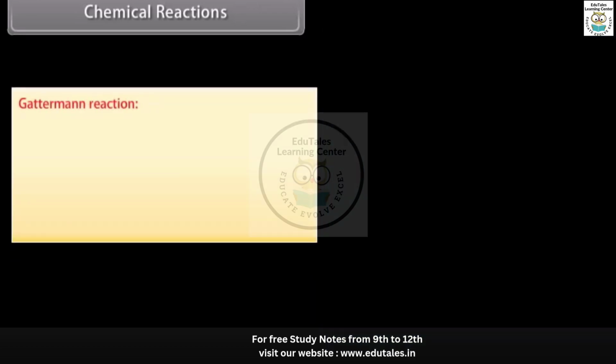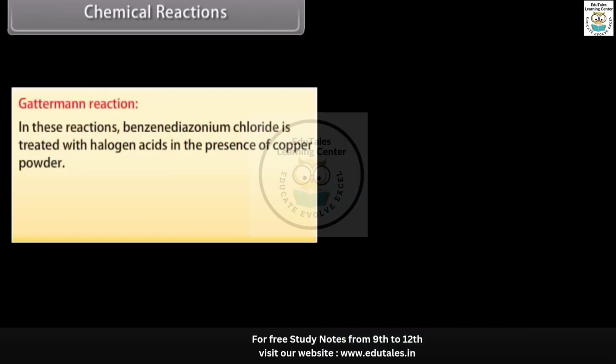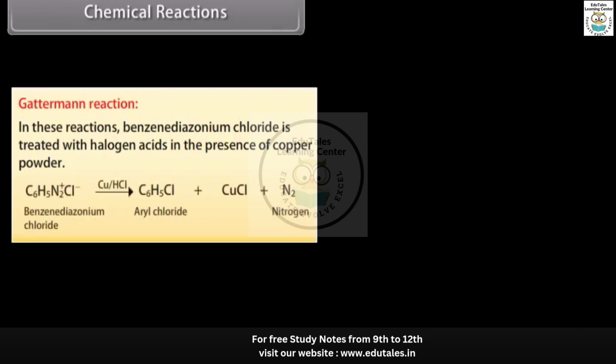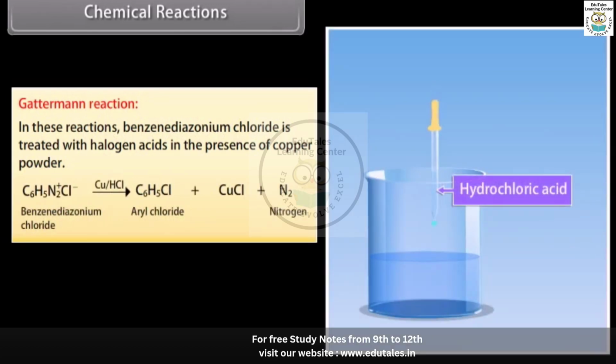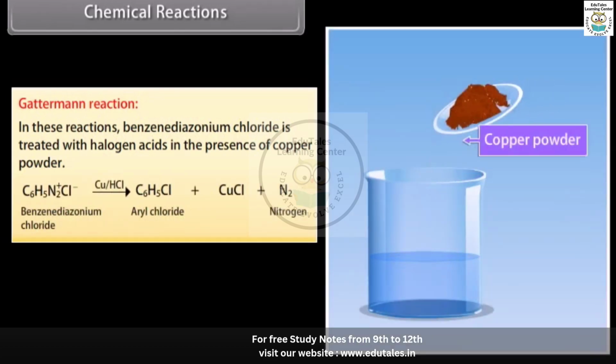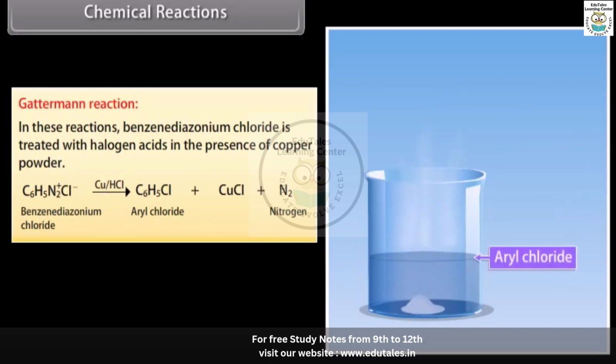Gattermann reaction. In these reactions, benzene diazonium chloride is treated with halogen acids in the presence of copper powder. Benzene diazonium chloride reacts with hydrochloric acid and copper powder, yielding aryl chloride, cuprous chloride, and liberating nitrogen gas.